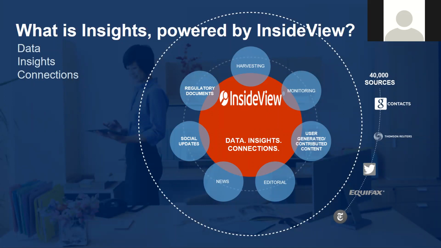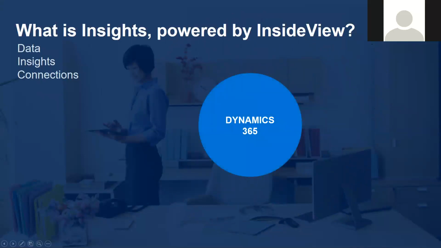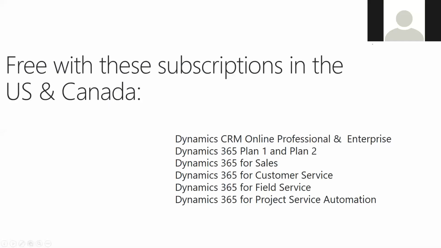Well, Insights powered by InsideView delivers real-time data, insights, and connections from more than 40,000 trusted sources right into Dynamics 365, making it easier to find the right people at the right time with the right message. And the great thing is InsideView Insights is already included with most Dynamics 365 subscriptions in the US and Canada. It just involves you going to AppSource and installing.